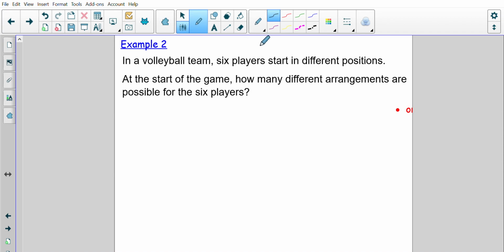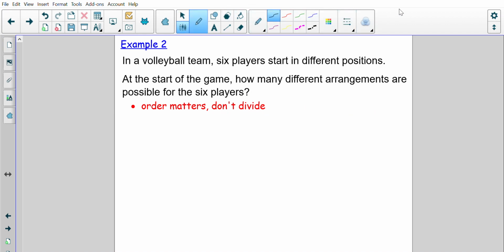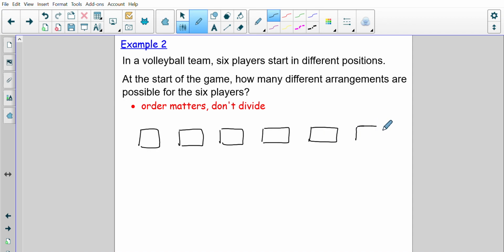Now let's have a look at another example. Here we've got a volleyball team with 6 players, and they're going to start in different positions. At the start of the game, how many different arrangements are possible for the 6 players? We're arranging the players into positions, so order does matter, so we're not going to need to divide. That's the first thing to remember. We're going to use our boxes. I know the boxes might not seem necessary at the moment, but they will be as examples get harder, so I'm going to stick with them for the time being.